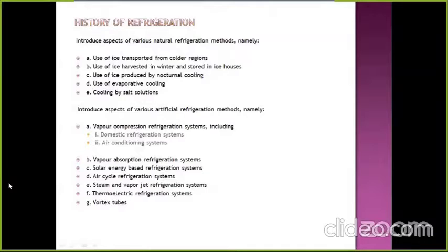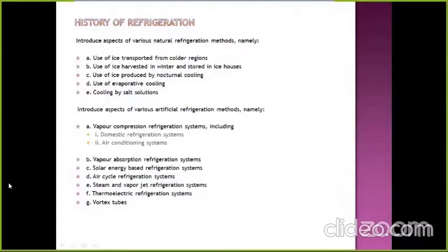But in artificial refrigeration methods, energy in the form of heat is removed from a low temperature reservoir and transferred to a high temperature reservoir. That means we are using an external source for maintaining the temperature.